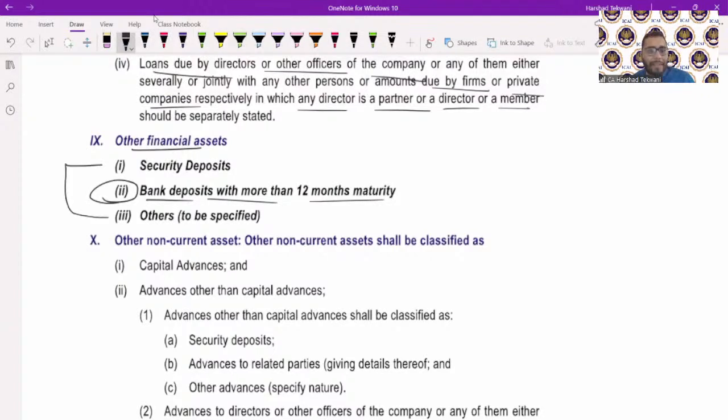Now they have added these two also. Means now security deposits will be part of your other financial asset under the head non-current asset.